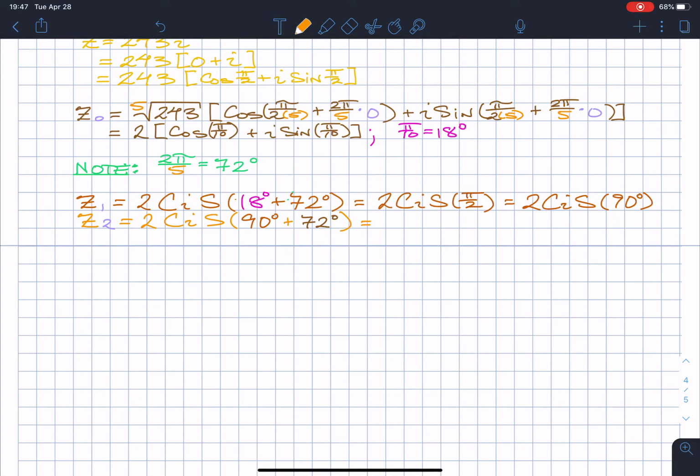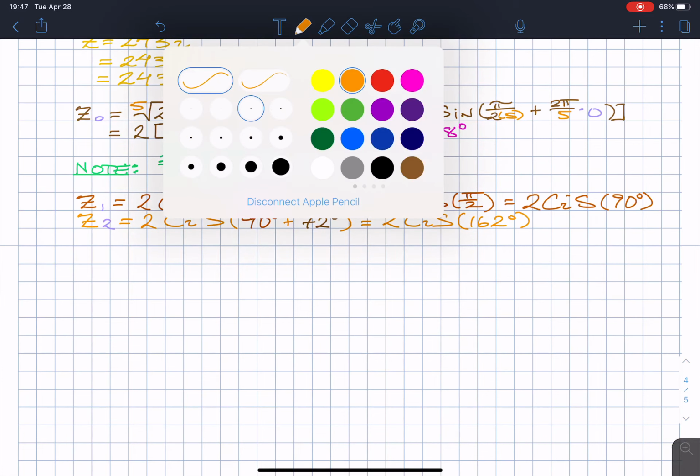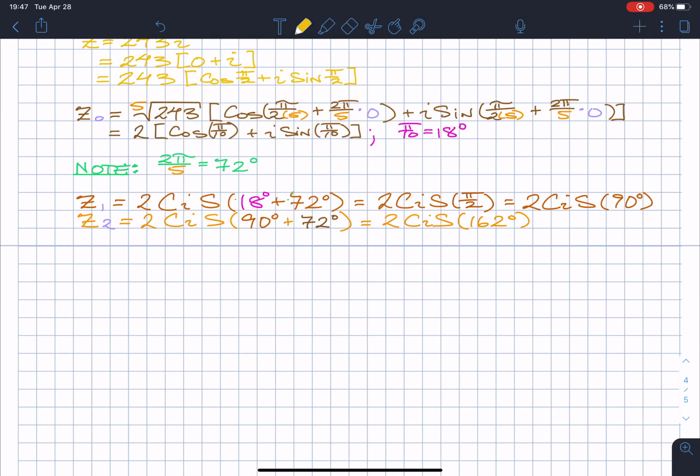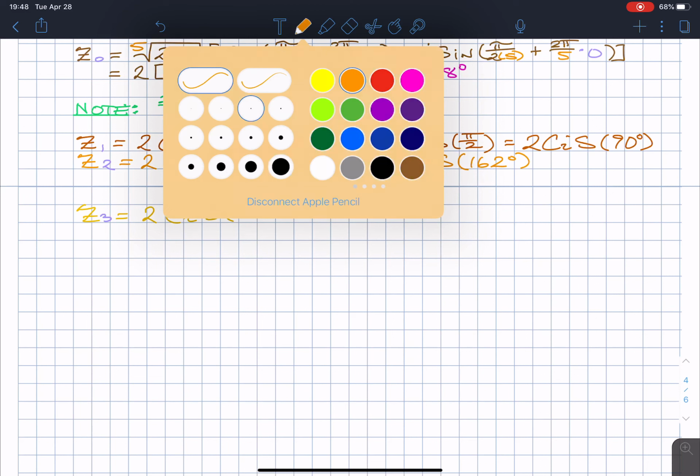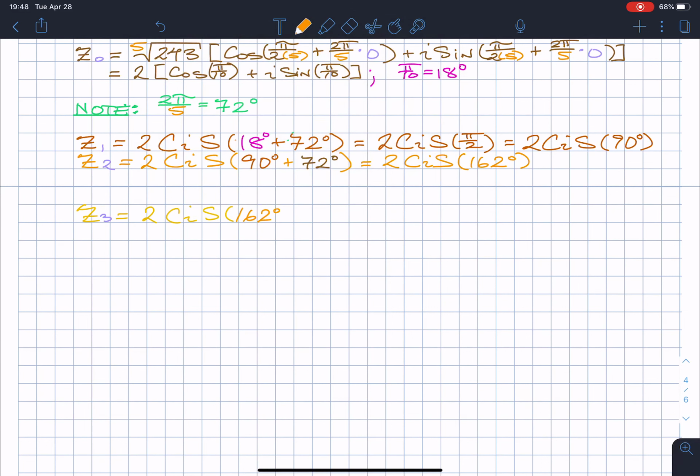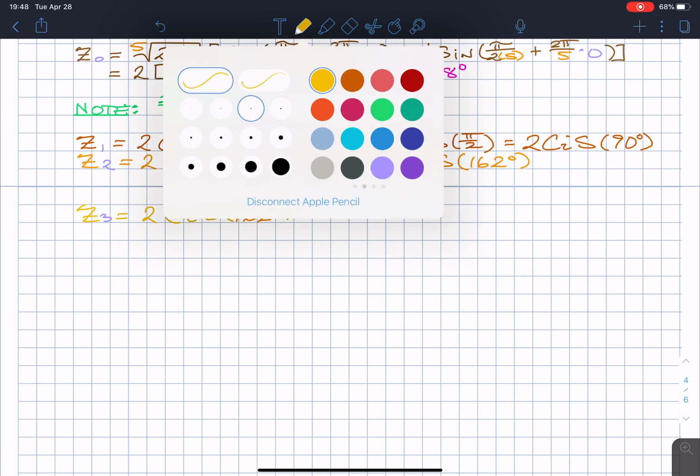So 90 plus 72 will be 2 cosine plus i sine of 162 degrees. So z sub 3, the fourth of the 5 roots, is going to be 2 cosine plus i sine of 162 degrees plus 72. So I just keep on adding 72 each time.